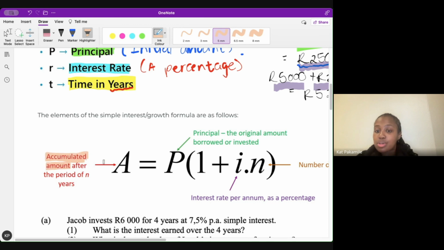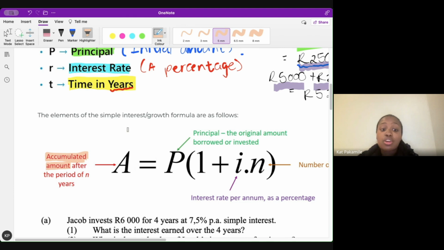What does the word to accumulate mean? Gained. Beautiful, Alice. That is a nice word. This is the gained amount. This is the amount you have in total, as in the amount you initially put in plus all the interest. That's what accumulated amount means.